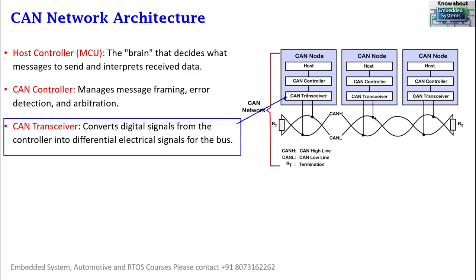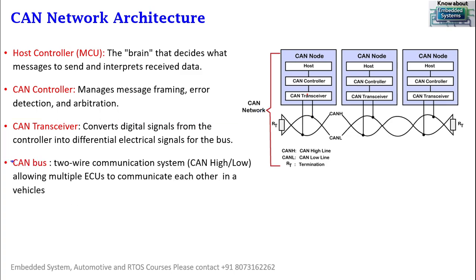Because your CAN bus has two wires, and you will be transmitting single bits, these bits are converted into differential voltage and transmitted towards your CAN bus. So the CAN transceiver converts the digital signals from the microcontroller into a differential electrical signal, and it is used as a transmitter towards the CAN bus.